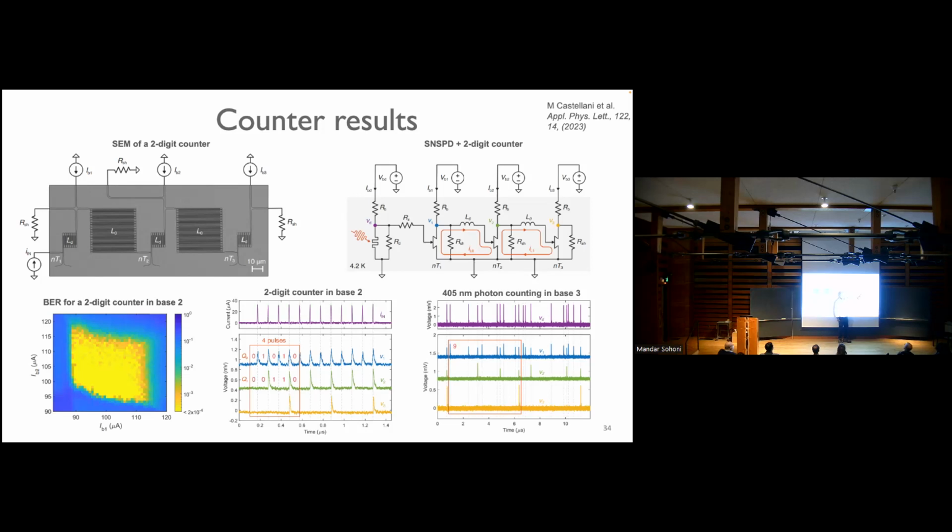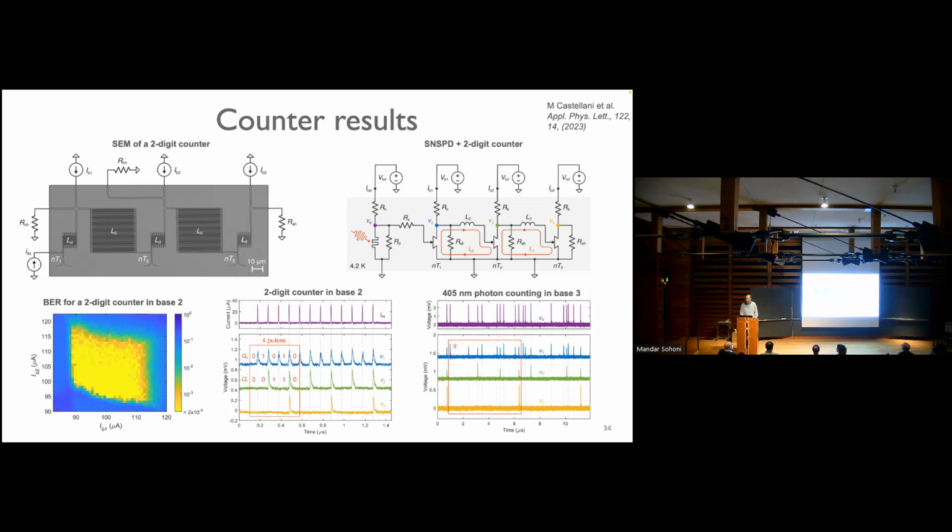And this process can be repeated, so you can count in base 2, you can count in base 3 with this device. And I'm very proud of this because this is an actual margin analysis of the device telling us that it has margin. So plus or minus 10% bias current, and you can get a large region with very low error rates in this device. It can also count in base 3, although with reduced margins.